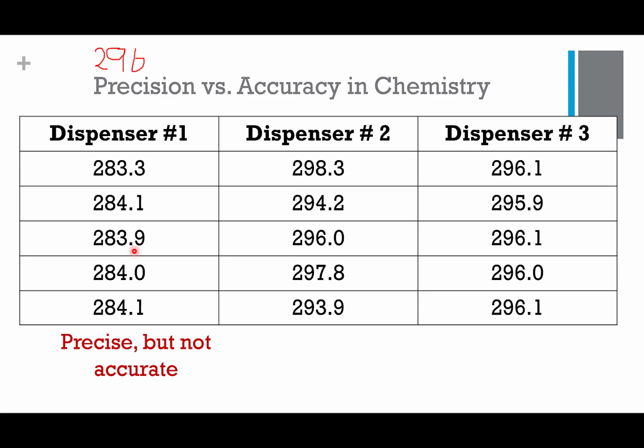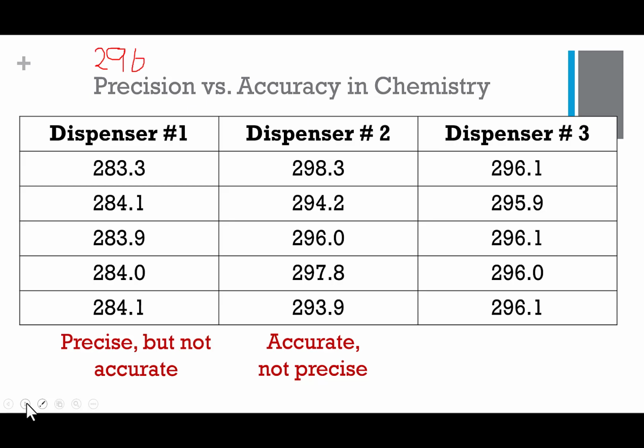So this one I would say is a lot more accurate in that we were able to get closer to the target. But this one is not necessarily precise. When we look at these results, they're all over the place. We missed high, we missed low. We didn't reproduce the results well, but we were accurate. We were close to the target.